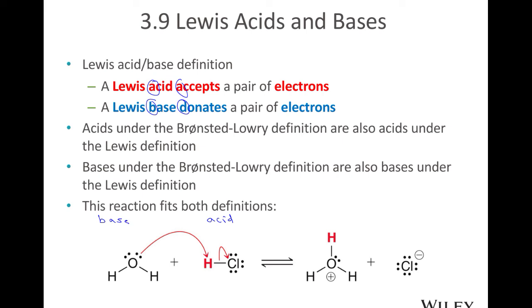But I can also think of this base as being a Lewis base because it's donating this pair of electrons. So this is also a Lewis base. And what about HCl? Well, it's accepting this pair of electrons, right? So it can also be regarded as a Lewis acid. So it even broadens the definition of acids and bases.